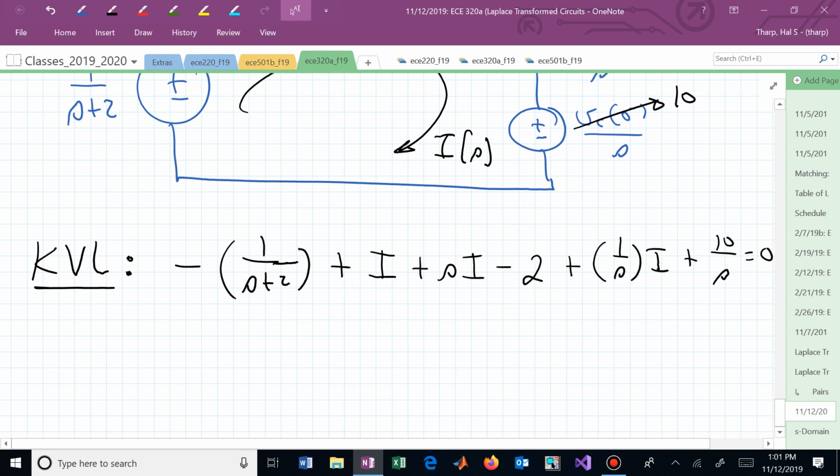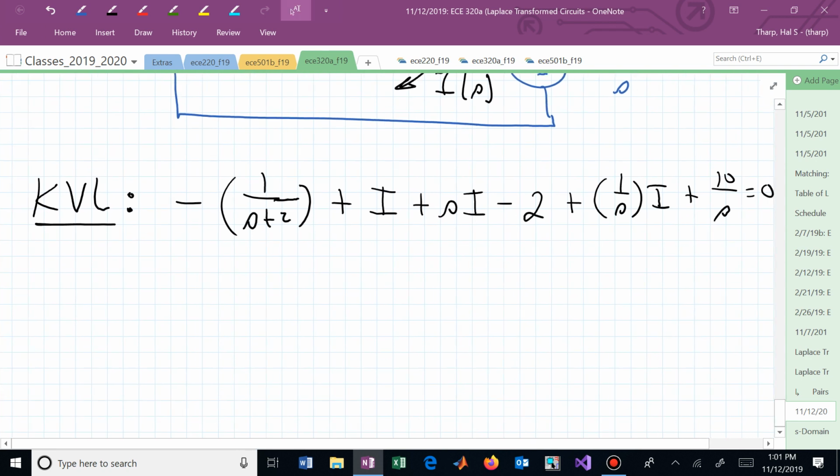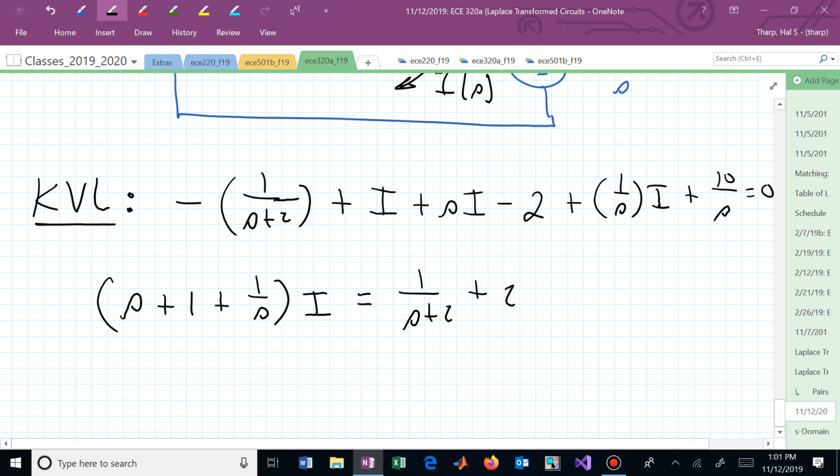Let's put all of the source terms on the right and collect our terms containing I. We now have, let's say, S plus 1 over S times I, and that's equal to 1 over S plus 2 plus 2 minus 10 over S. And make sure I do the algebra correctly.